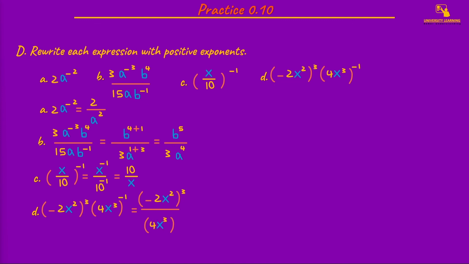Now we can distribute the cube that is in the numerator. It will result in negative 8x to the 6th power over 4 multiplied by x to the 3rd, and the final answer will be negative 2 multiplied by x to the 3rd.